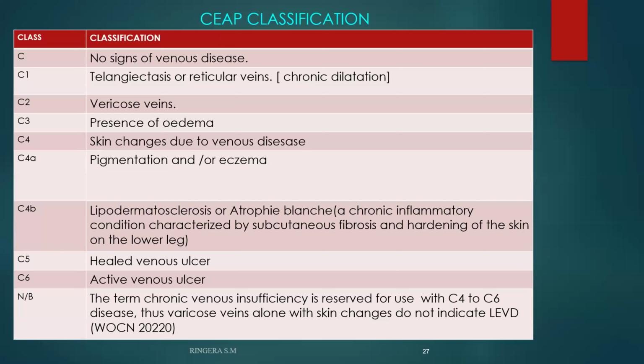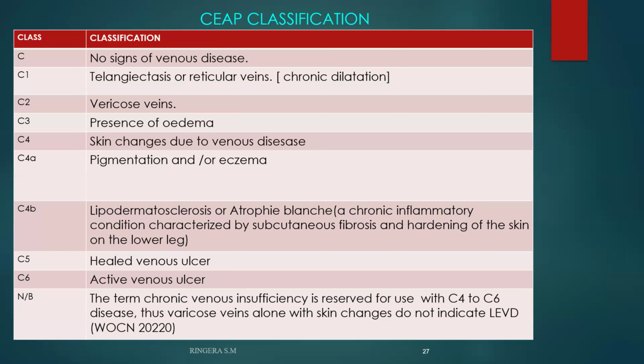And from this table, we can see from C0 to C6, C0 meaning these are patients who come with no signs of venous disease. C1 showing a bit of telangiectasia, C2 showing varicose veins, and C3 showing presence of edema.